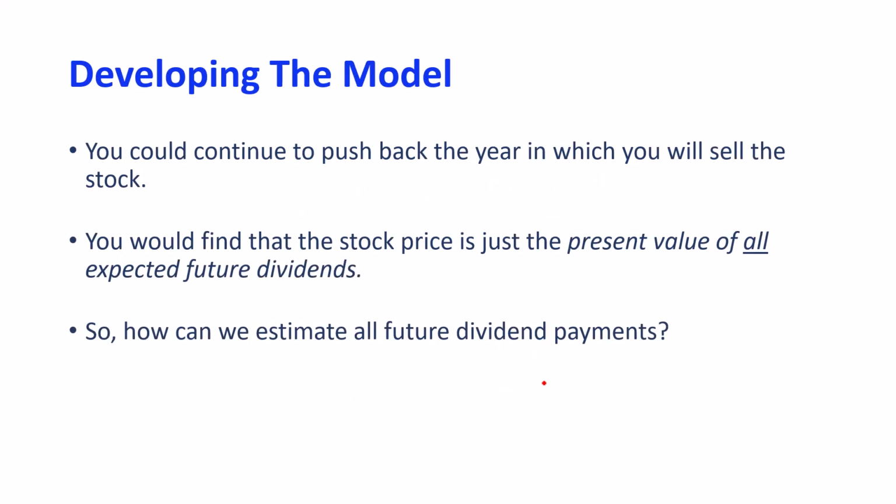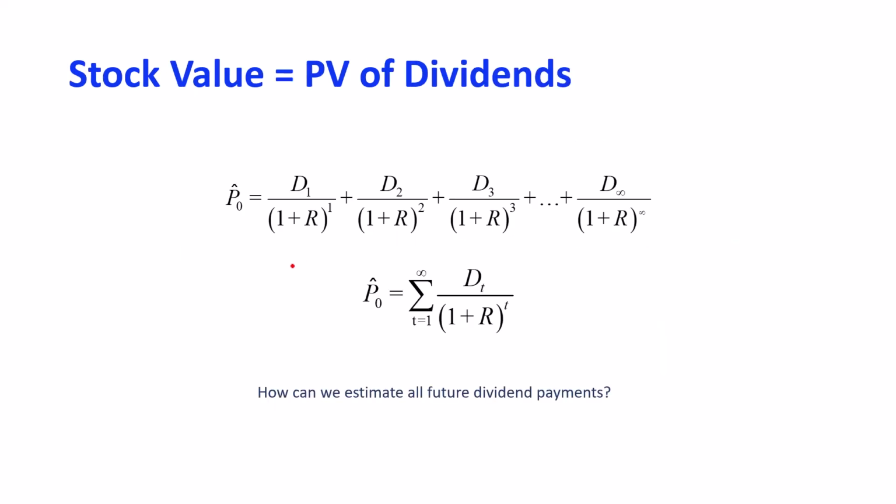You could continue to push back the year in which you sell the stock, and you would find that the stock price is just the present value of all the expected future dividends. So the price of the stock is nothing but the present value of the future cash flows that the company would pay.